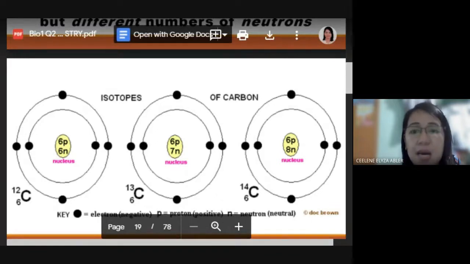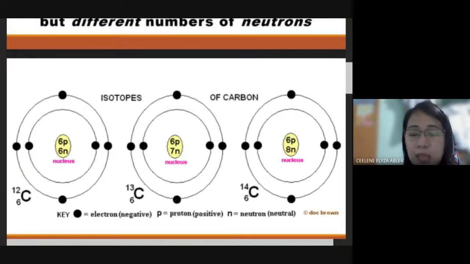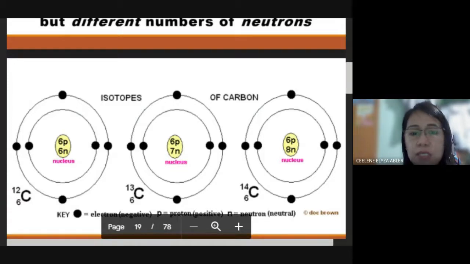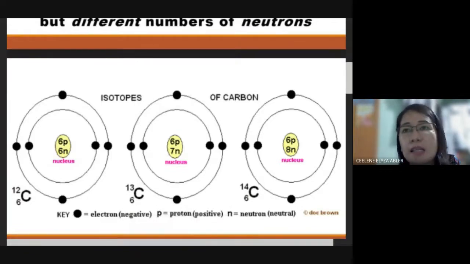Okay, tandaan natin yan ha. So, but we have sometimes mga ganito, which is your other isotopes, the radioisotope. The radioisotope is considered this one, the carbon 14. And dahil it's a radioisotope, it is highly unstable and it decays rapidly.